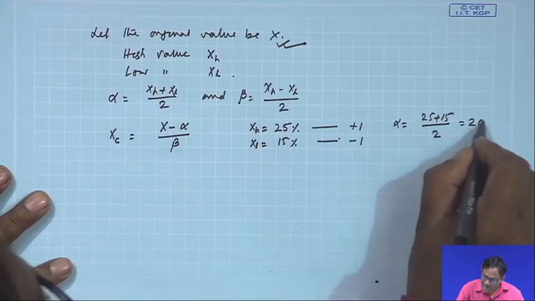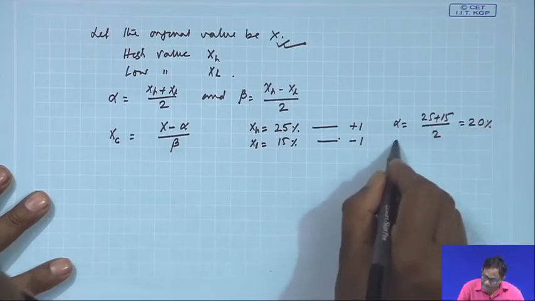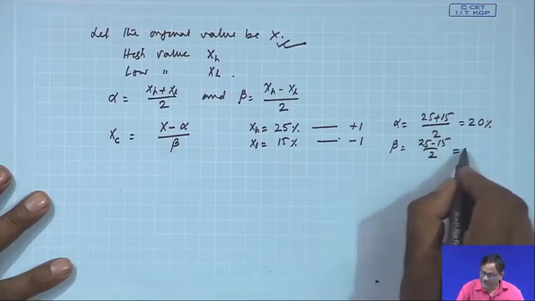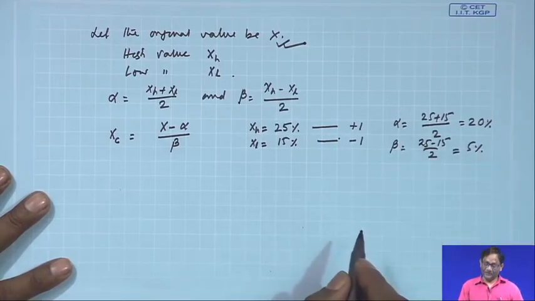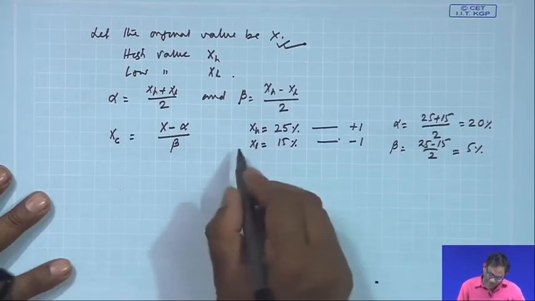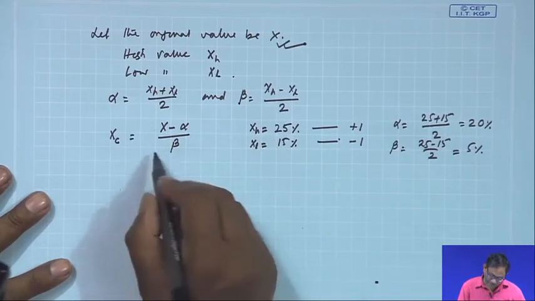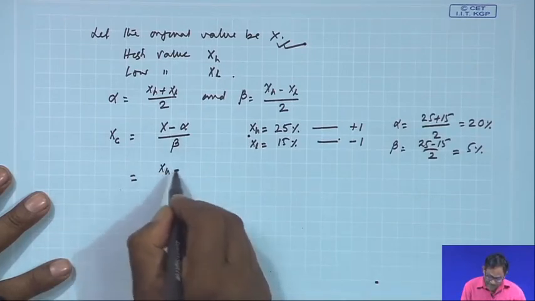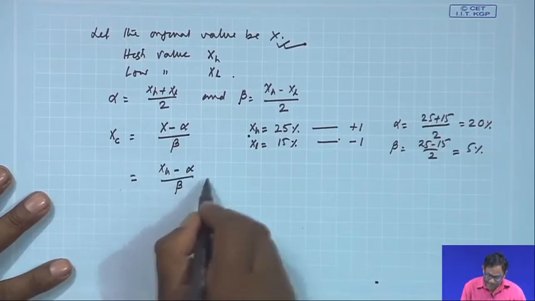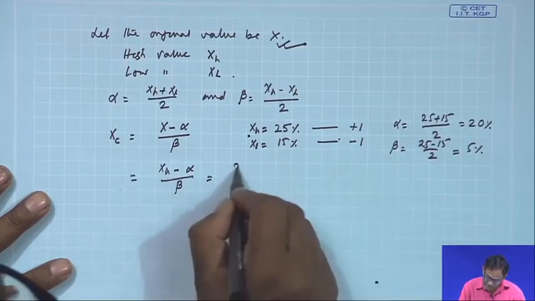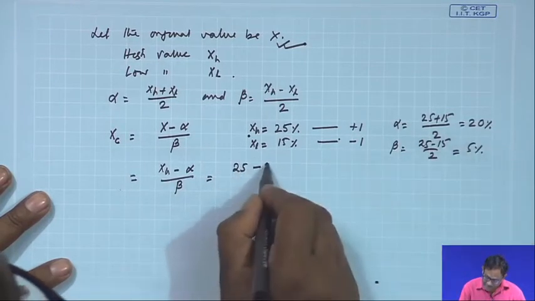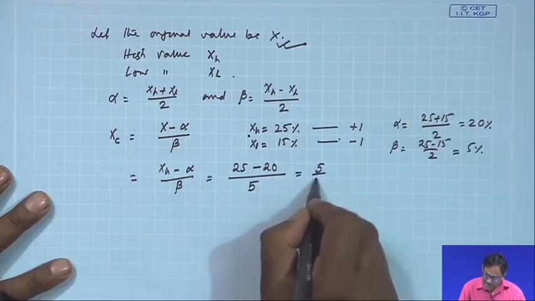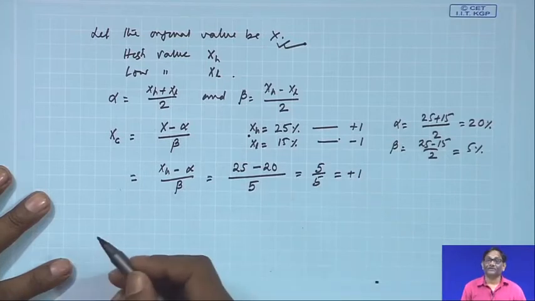So, this is 20 or 20%, and beta will be 25 minus 15 by 2. So, this is 5%. So, if my observed x is xh, then what is the coded value? It will be xh minus alpha by beta, which is basically xh is 25%, minus alpha is 20%, by beta is 5%. So, this is basically 5 by 5 equal to +1.